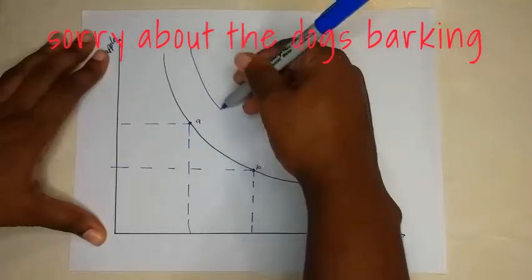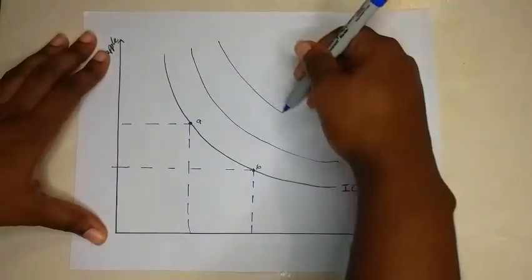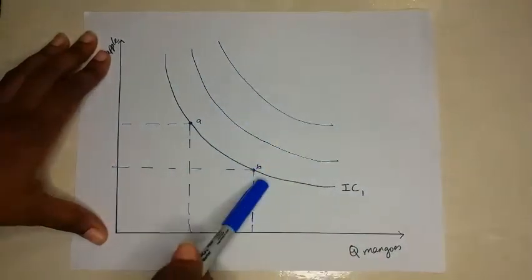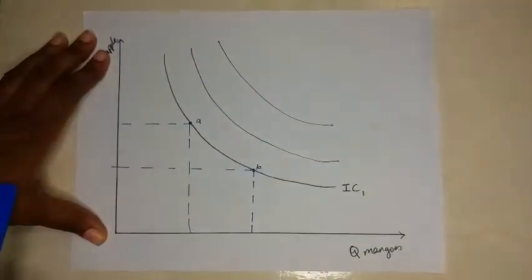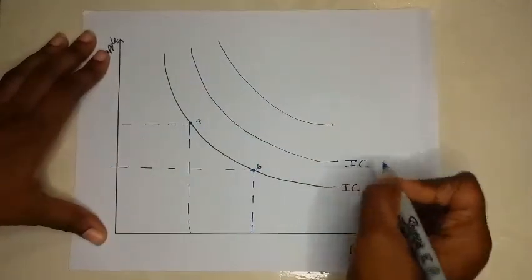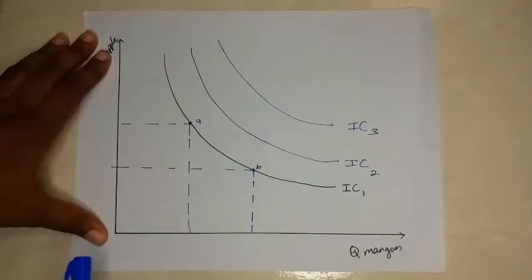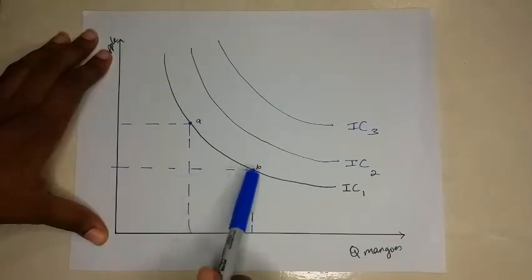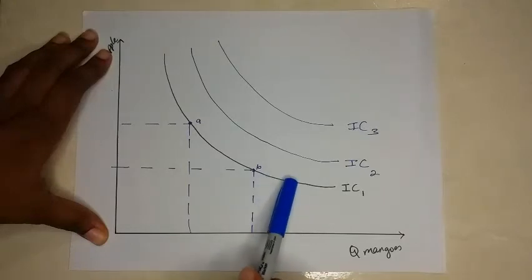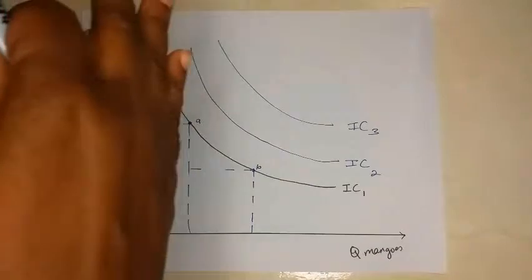We have several indifference curves, and usually you would want to be on the furthest out IC curve. Again, being a rational consumer, we would want to maximize our utility and our satisfaction, and so we would always aim to be at an IC curve which is furthest out, because that would mean we're getting more satisfaction.